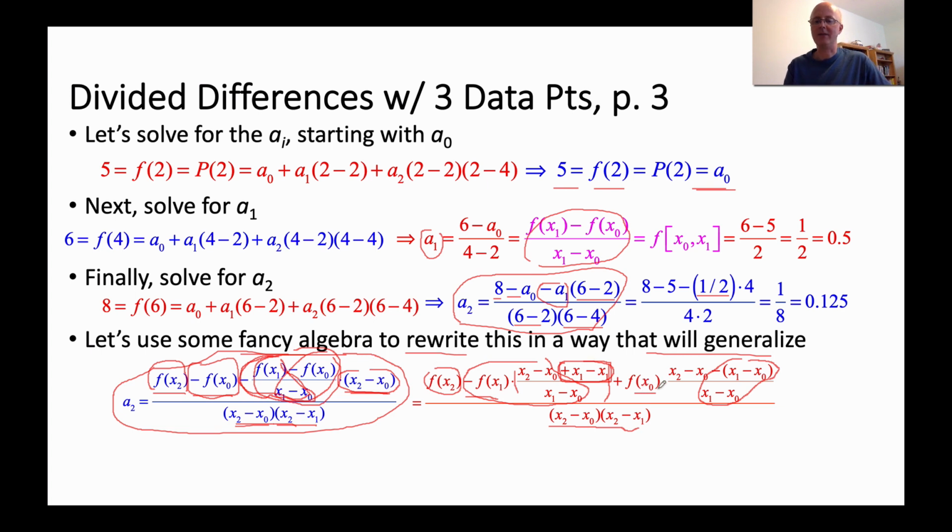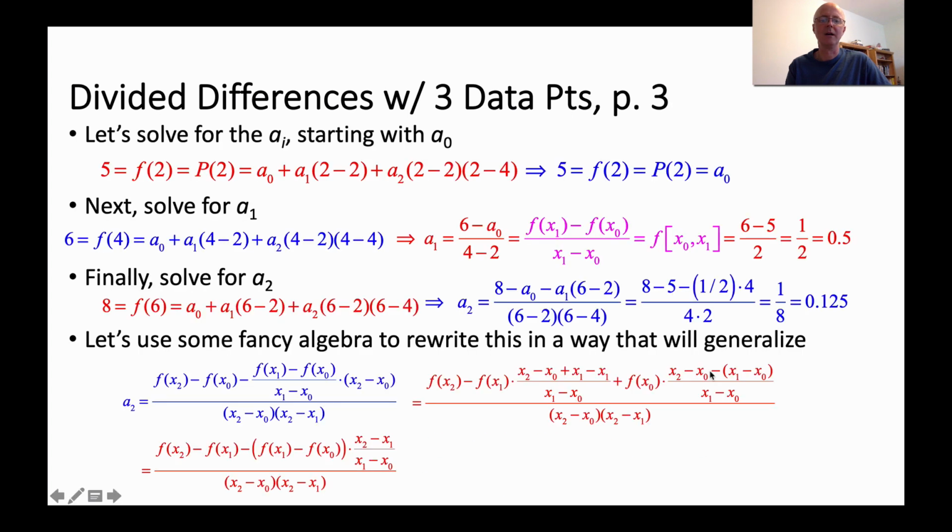And this part, f of x0 times this one here, matches these 2 negative signs cancel to give you a plus f of x0 times x2 minus x0. That's what we've got. Let me go to the next slide and come back to this one so my marks are erased here. Yeah, there we go.